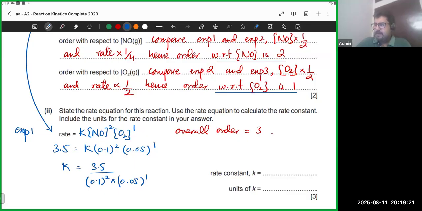It's coming out to be 7,000 for me. I don't know if there's a mistake in the calculation, but that's 7,000. That's the rate constant.